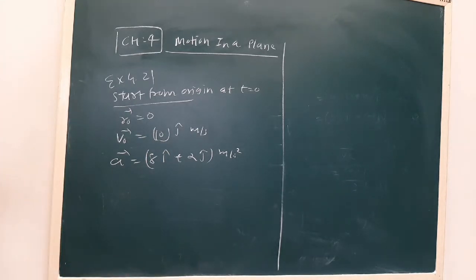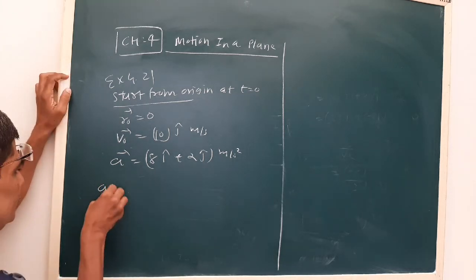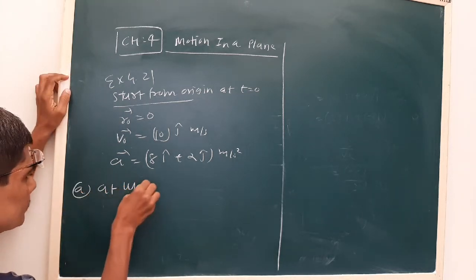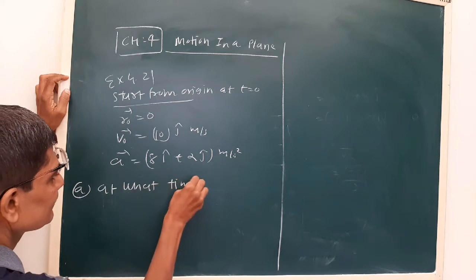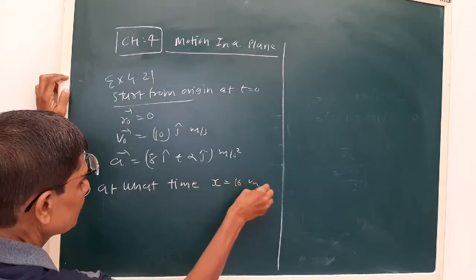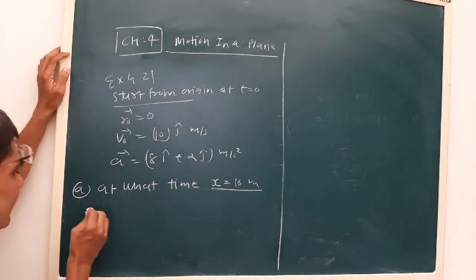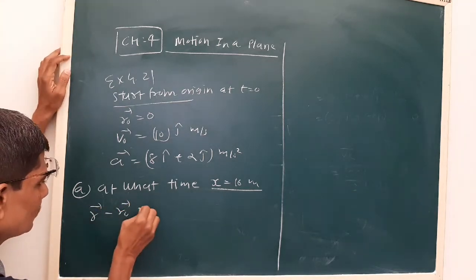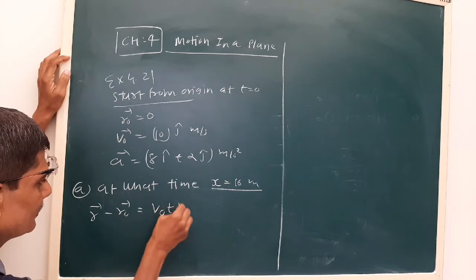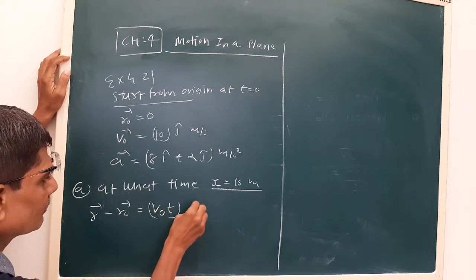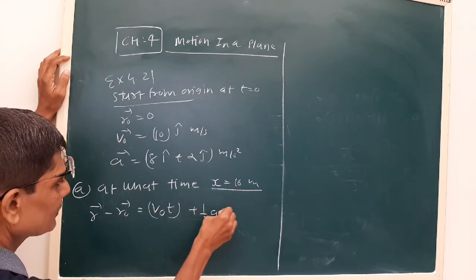Now we have to find out at what time the x component will be equal to 16 meter. Our equation: r minus r0, that is displacement, is v0t plus half at square.